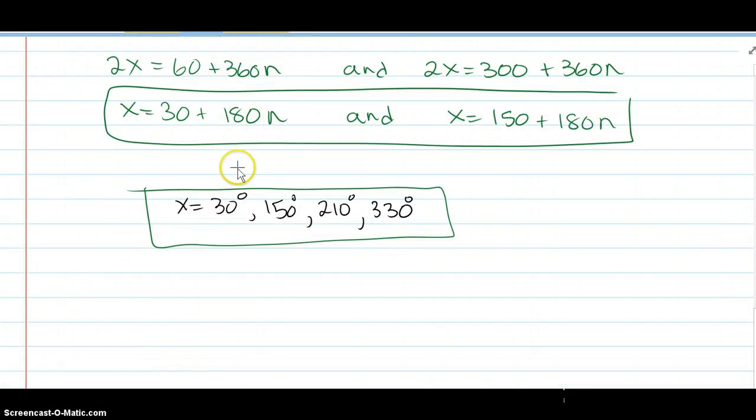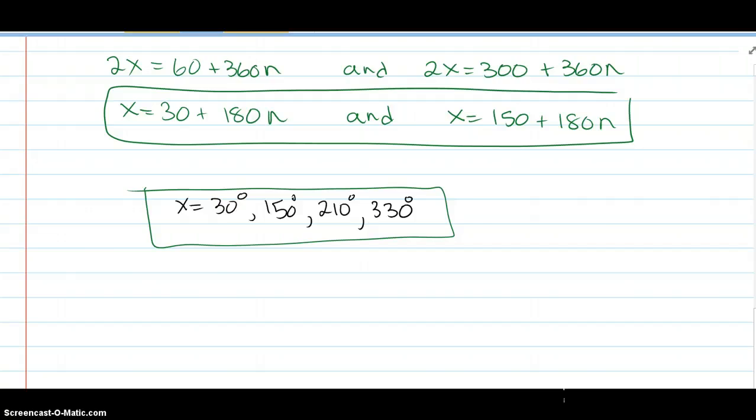So if you want a more sophisticated way of doing this, you do the general solution, and then you could just plug in n is 0, you get the 30, n is 1, that's 180 plus 30, that's 210, and then you stop because n is 2 would be past 360. For the other, n is 0, you get the 150, n is 1, that's where you're going to get 330, and then again when n is 2, you would stop. And they didn't want negatives because they said from 0 to 360. So that one made sense.